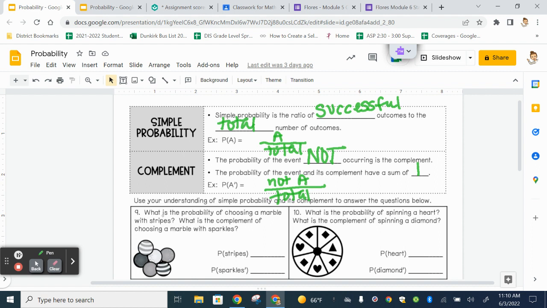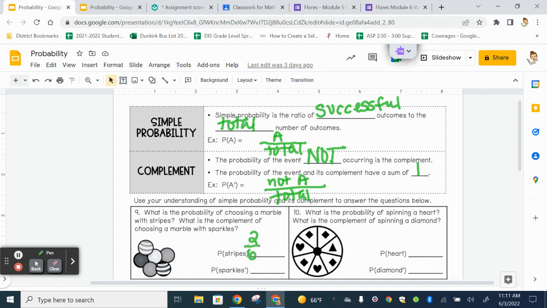So number 9, what is the probability of choosing a marble with stripes, and what is the complement of choosing a marble with sparkles? Well, we have the P for probability, so the probability of stripes. And I see that there are 1, 2 stripes out of 1, 2, 3, 4, 5, 6 total.